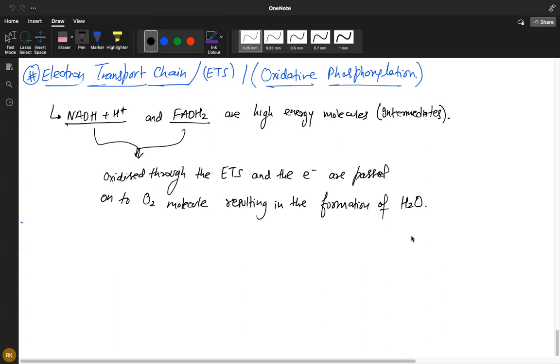Let's define it. Write down: define electron transport system.